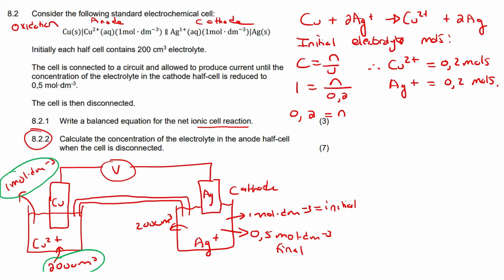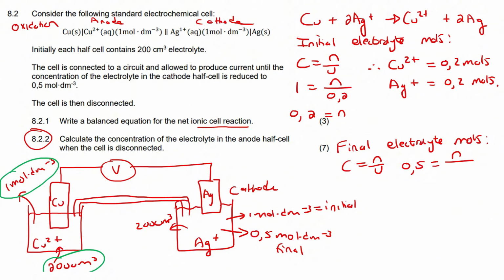Okay. Now we're going to go look at the final electrolyte moles. But for that, we can only do this one because it's only this one that we understand the final. They told us that it's 0.5. So we could go use C equals N over V. And we know that the new concentration is going to be 0.5. We don't know the number of moles, but the volume is still going to be 200. Remember that your liquid volume doesn't change.